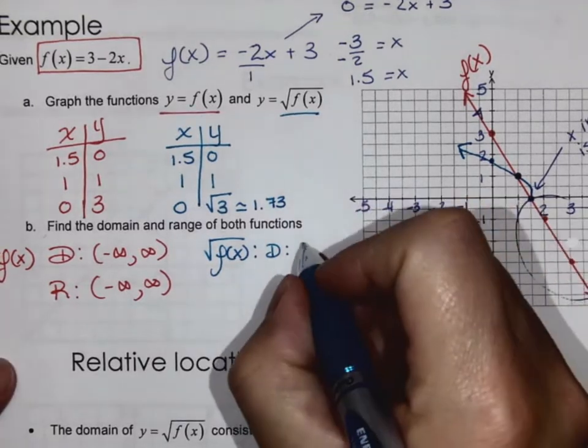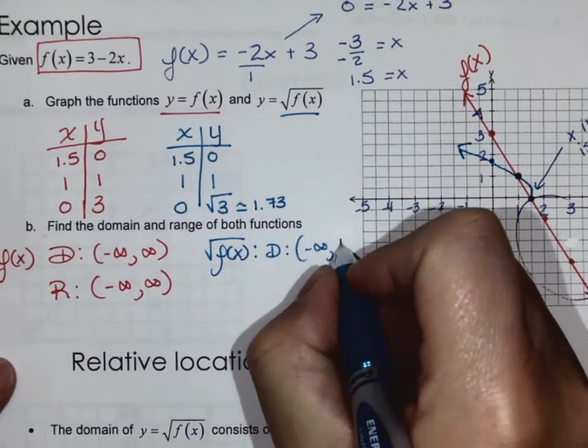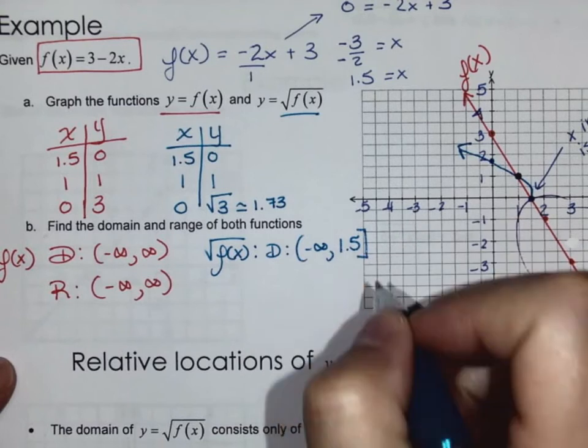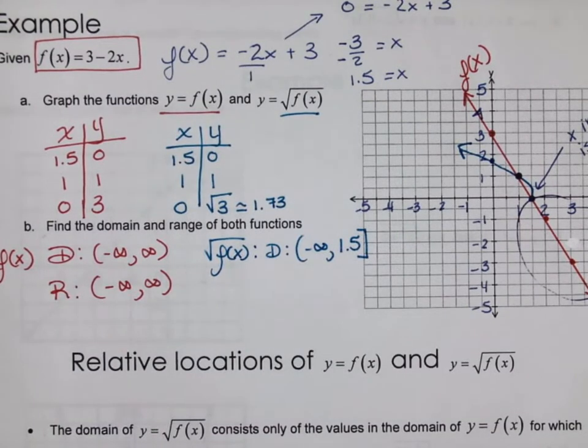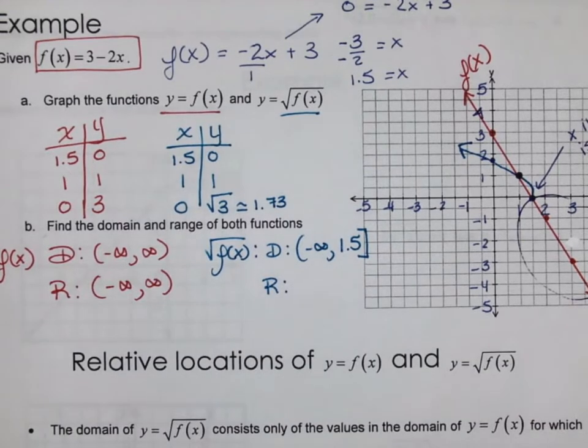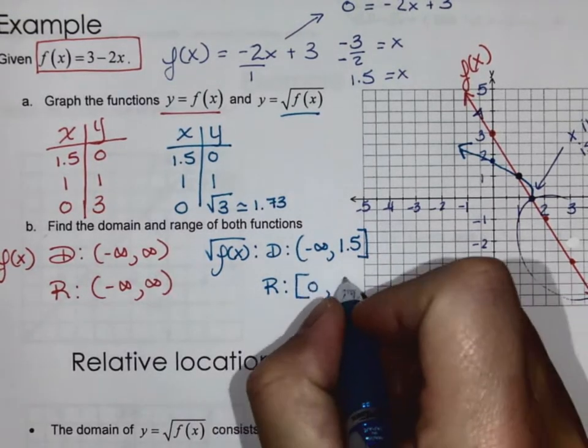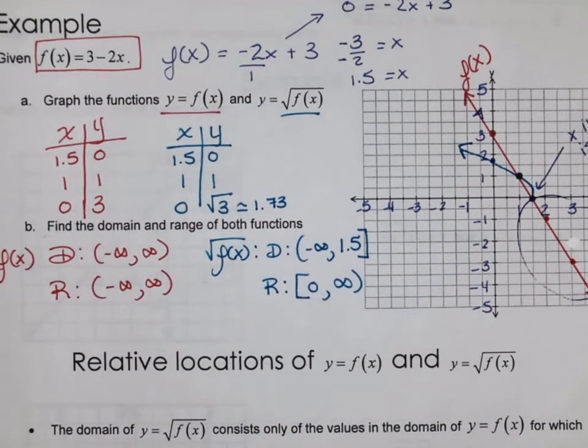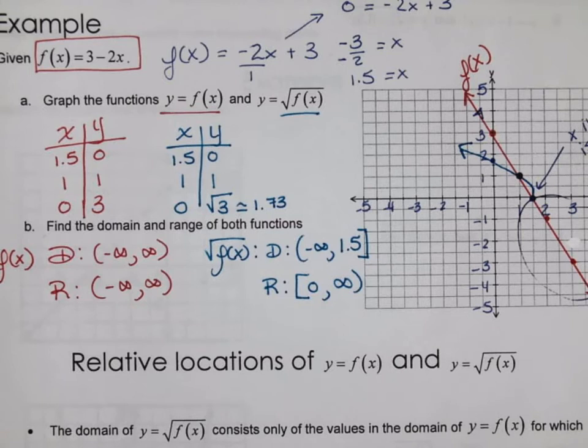But it's inclusive of 1.5, so we're going to slap some square brackets around it, right? Range. Infinity to 0? Okay, switch those around. Oh, 0, yeah. And inclusive of 0, right? Yes. Okay. All right, good job, everybody.